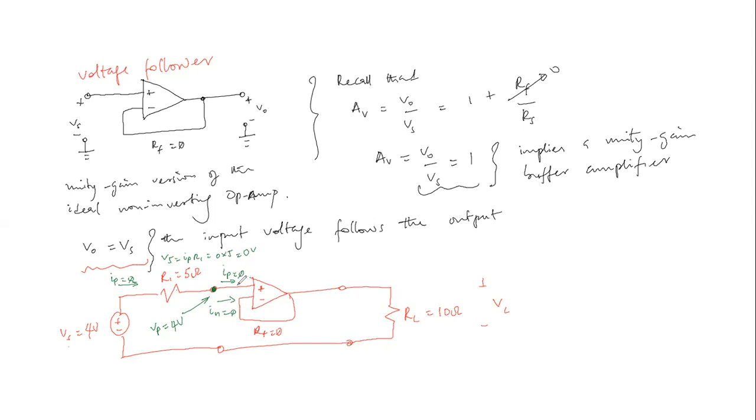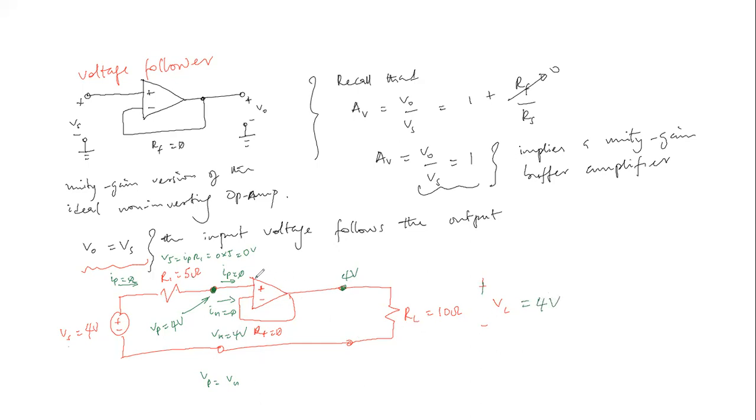Beautiful. And also recall the voltage constraint that Vp is the same as Vn. So at this point, Vn is also equal to 4 volts. So if Vn is 4 volts, then at this node, we're also going to have 4 volts. Hence, the voltage across the 10 ohm resistor will be the same as 4 volts.